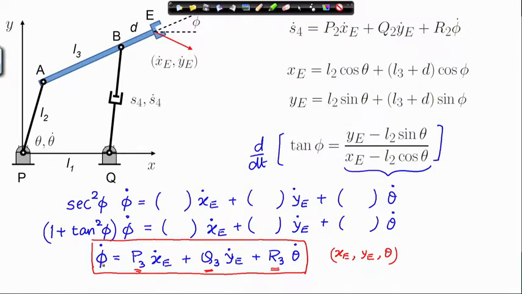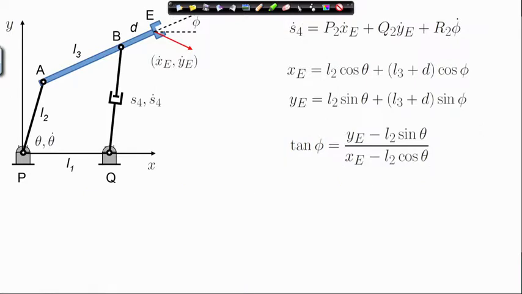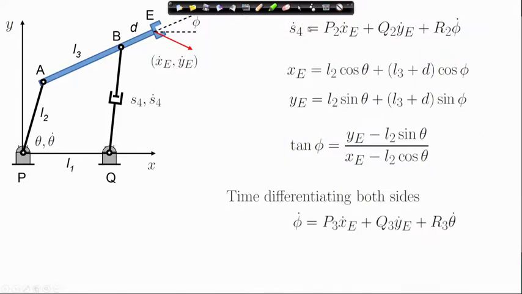So, I have found phi dot in terms of x e dot, y e dot, theta dot, x e, y e, theta. These P 3, q 3, r 3 are complicated expressions, which you can easily find out by a little bit of algebra.